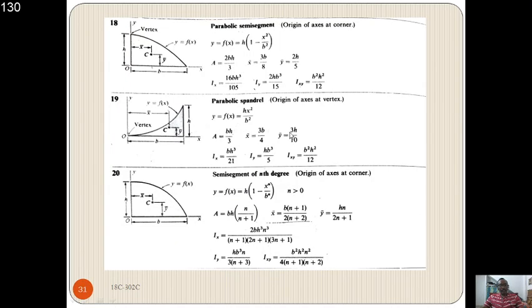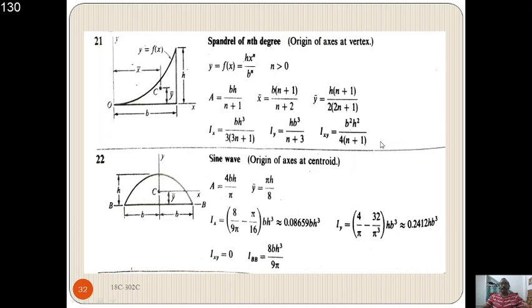The parabola generally comes in the next semester, when you will deal with parabolas for bending moment calculations and deflection calculations. You require these values, so I have also provided the same for your reference. This is certainly not required now, but these two are also given for your future reference. In any competitive exam they can ask these also.